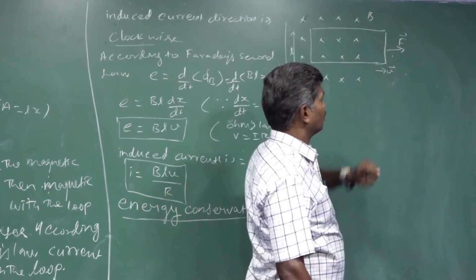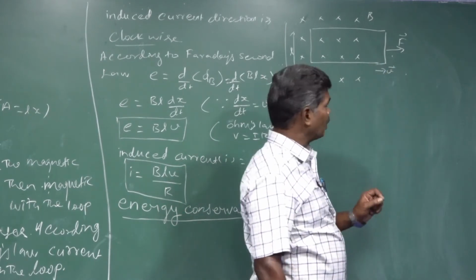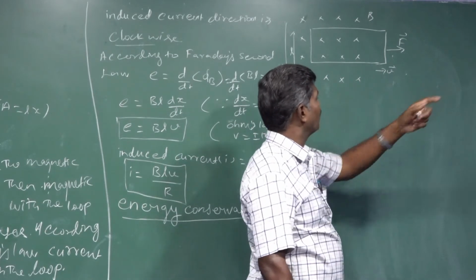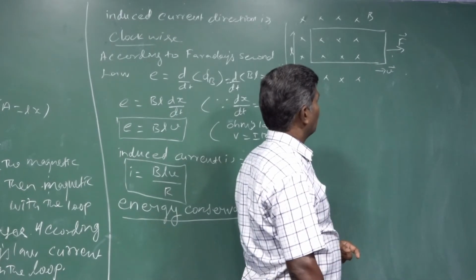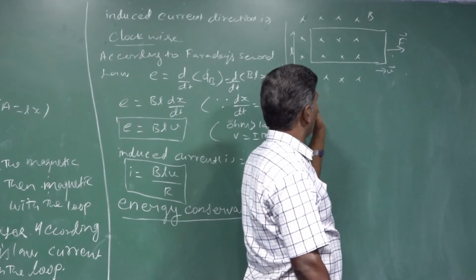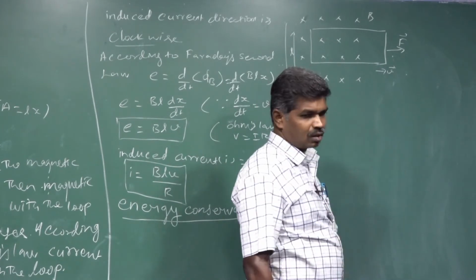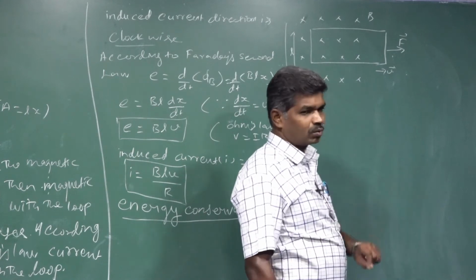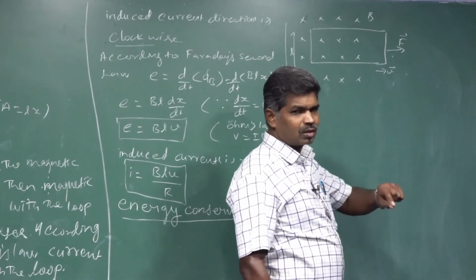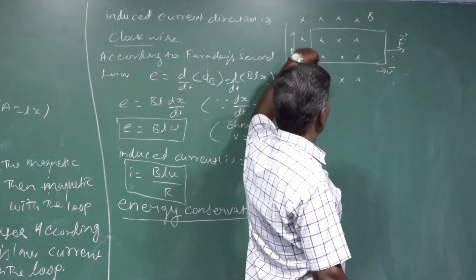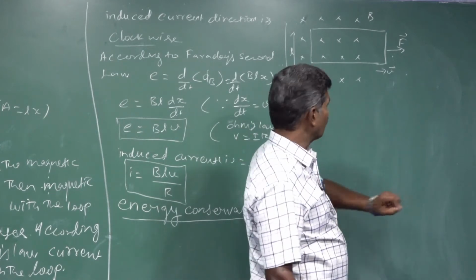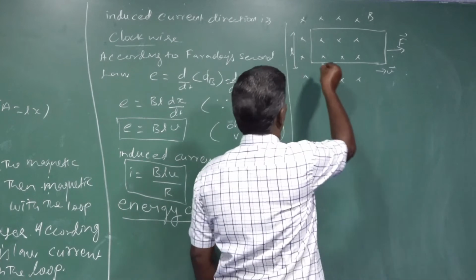That applied force does work to take the loop in the right direction, outward from that magnetic field. Anyway, the applied force is equal to the force induced inside that loop. What is the force induced in that loop? The magnetic force.